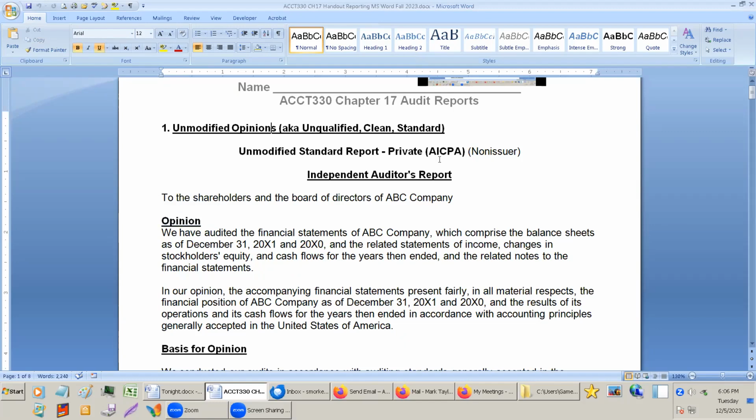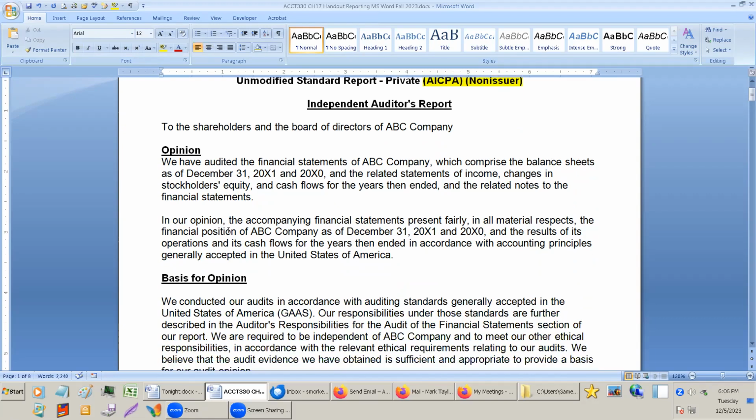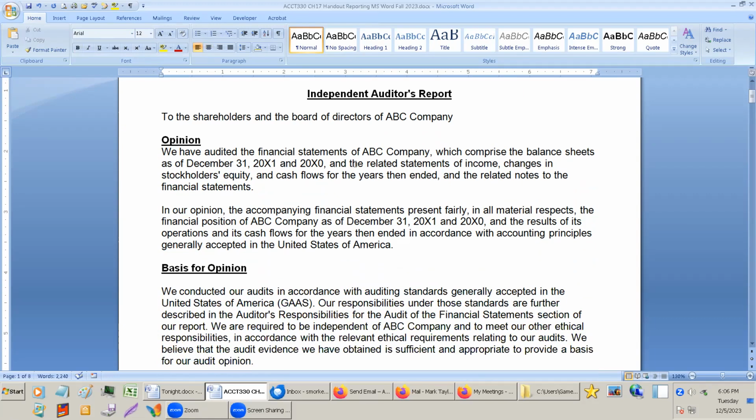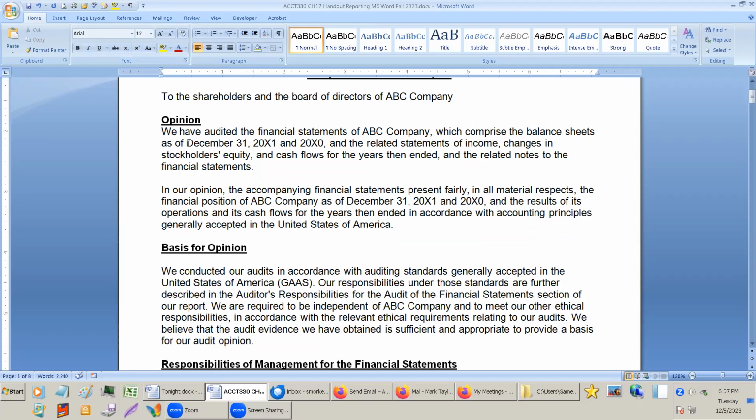But so we're going to first go over the AICPA, the non-issuer report. And this, when we pass the CPA exam, this is the report that you can write.